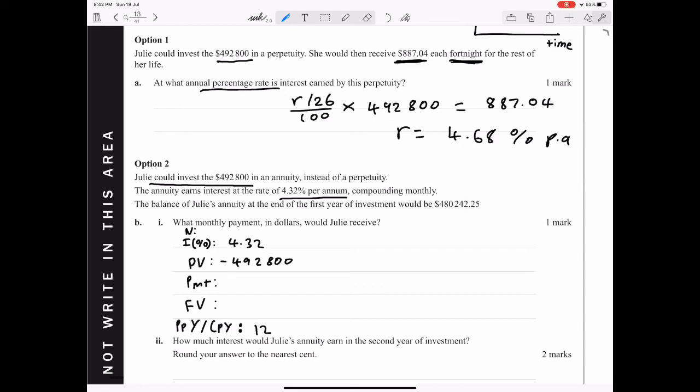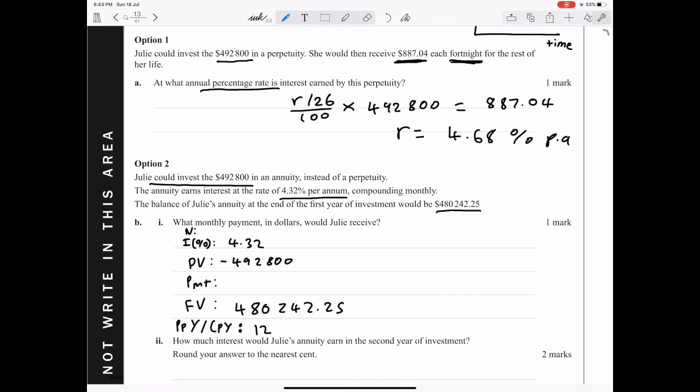So the balance of Julie's annuity at the end of the first year of investment would be $480,242.25. We enter it as positive because this is money Julie would have at the end of the first year.